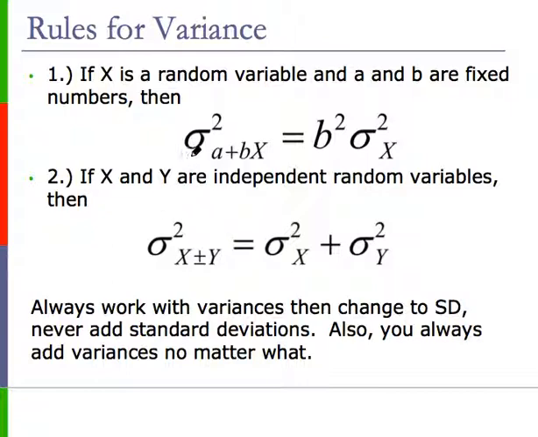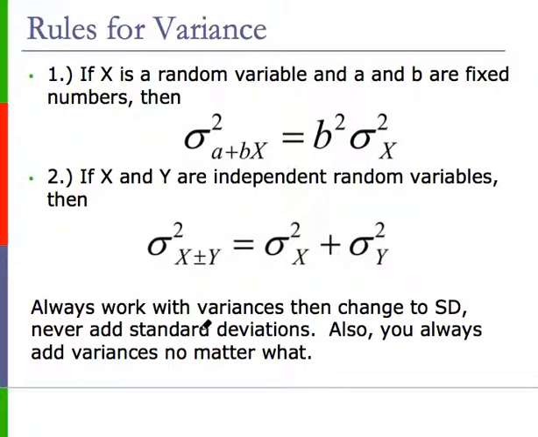The standard deviation or the variance of a plus bx, when a and b are fixed numbers, we can just say that that's equal to b squared times the variance. That's how you solve that if we have that value. If x and y are independent random variables, then what we do is we add the variances.